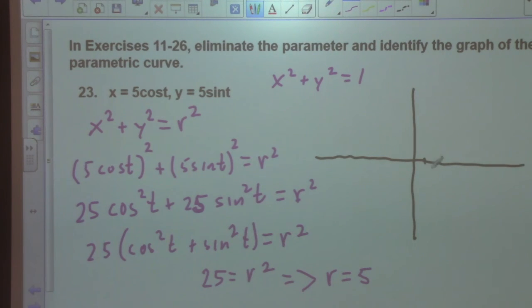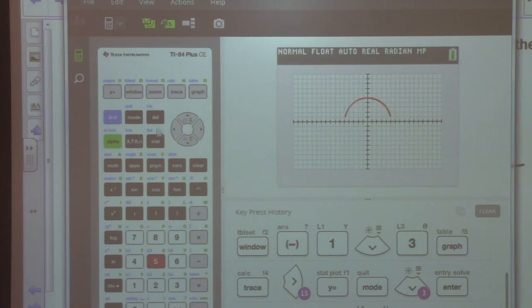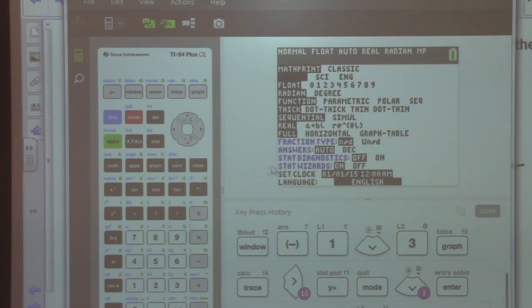So what we have here is a radius of 5: 1, 2, 3, 4, 5. So we have a circle, and it looks like this, except it looks a lot better than that, right? On your calculator, I've got to go back to my parametric mode.